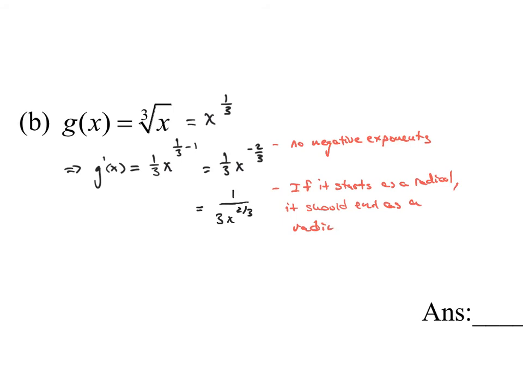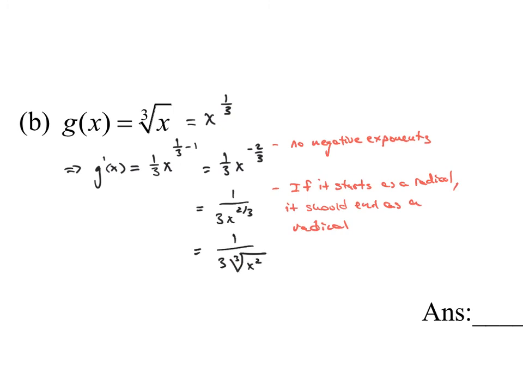So to find the derivative, we changed it into exponential form. And when you look at it right now, it is in exponential form. But because it started as a radical, we need it to end as a radical. So in other words, convert this exponential form back to radical form. So this would be 1/3 and then x to the 2/3. The denominator tells you the root, so that's the cube root of, and then the power stays the power.